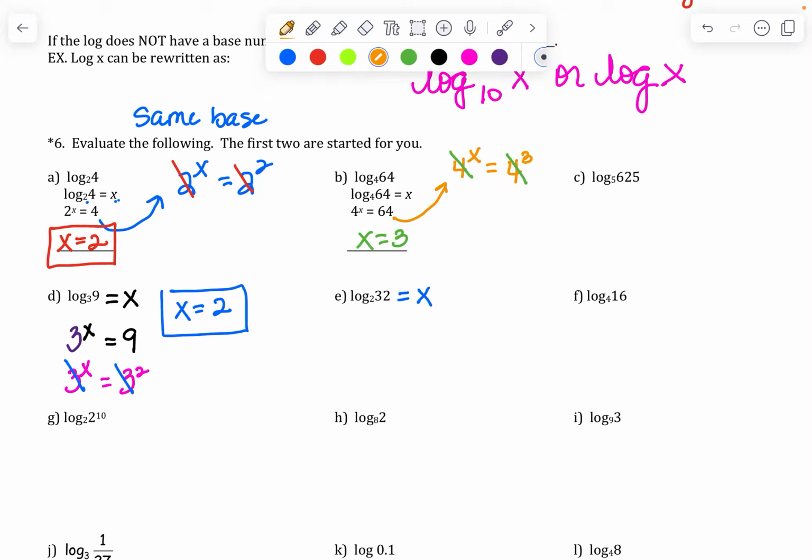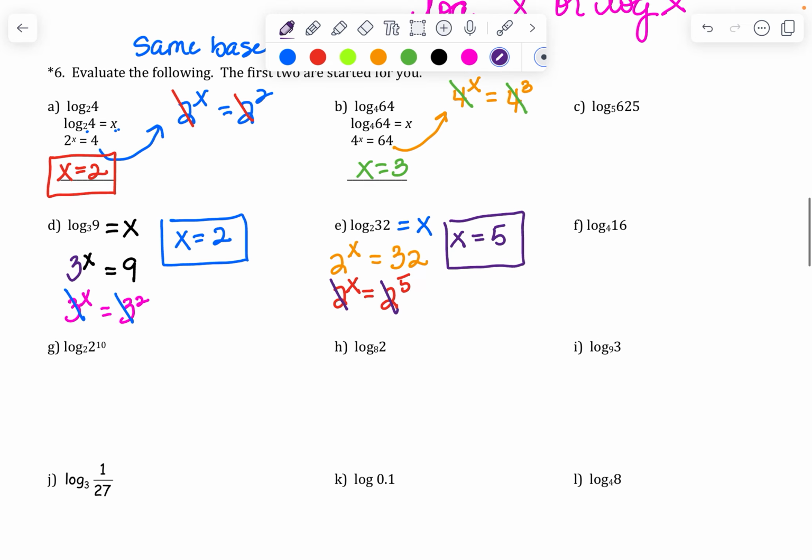Next one, set it equal to x. Now let's write it without the word log, so get your base, then get your exponent, and that equals 2. So let's use a base of 2. So 8 would be 2 to the third, but make sure you keep that x, equals 2.